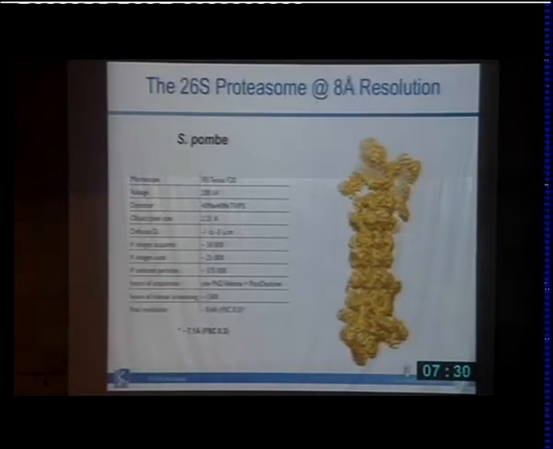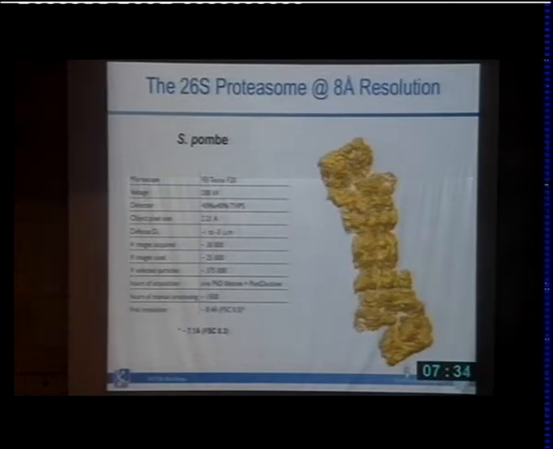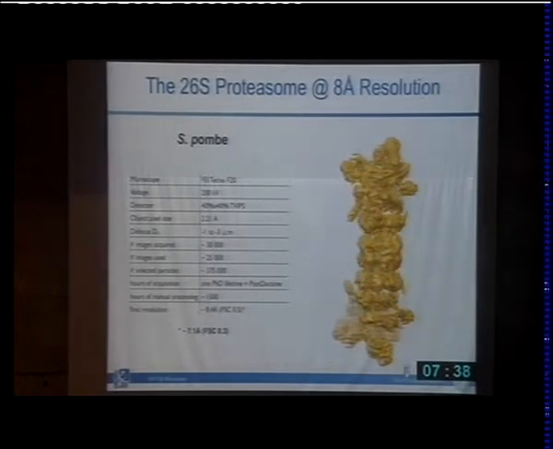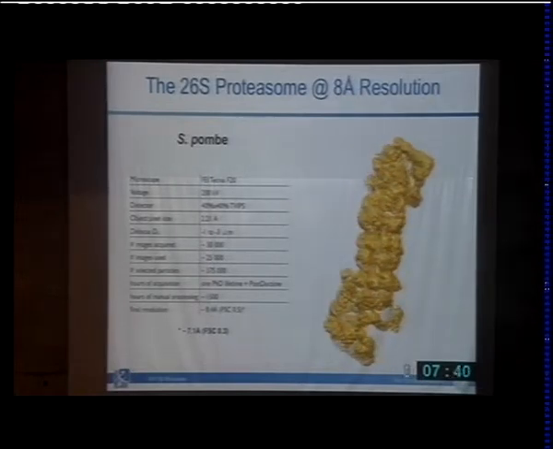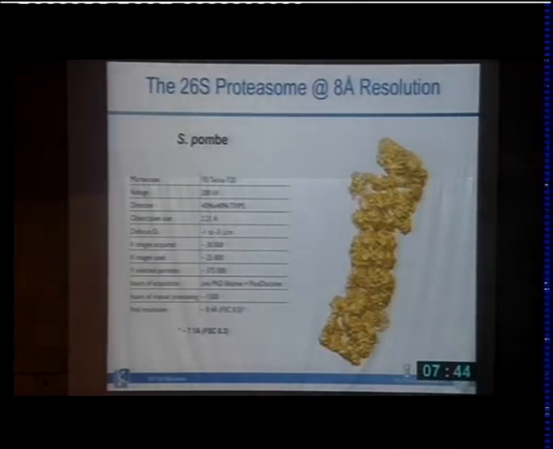Now, the structure which we used to generate the initial model was an 8 angstrom structure of the Pombe 26S proteasome. The data were still collected manually. It was built from a total of 30,000 electron micrographs, which took basically 1 PhD lifetime to collect the data. And this led to this structure here, an intermediate resolution structure.